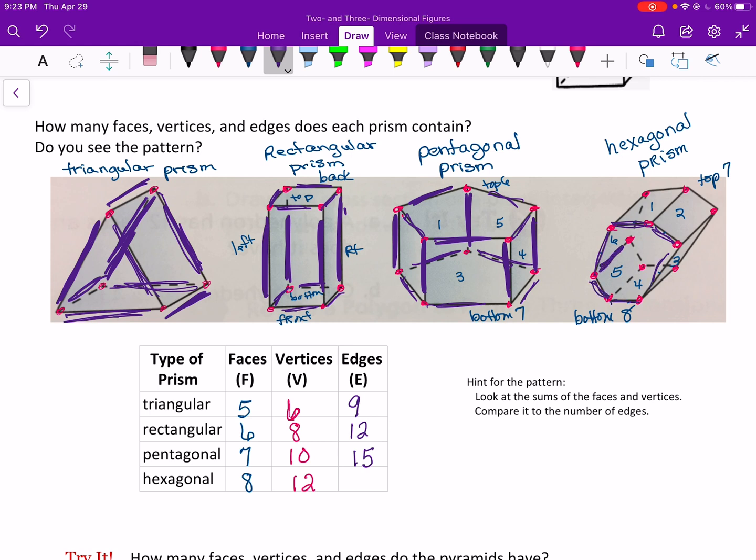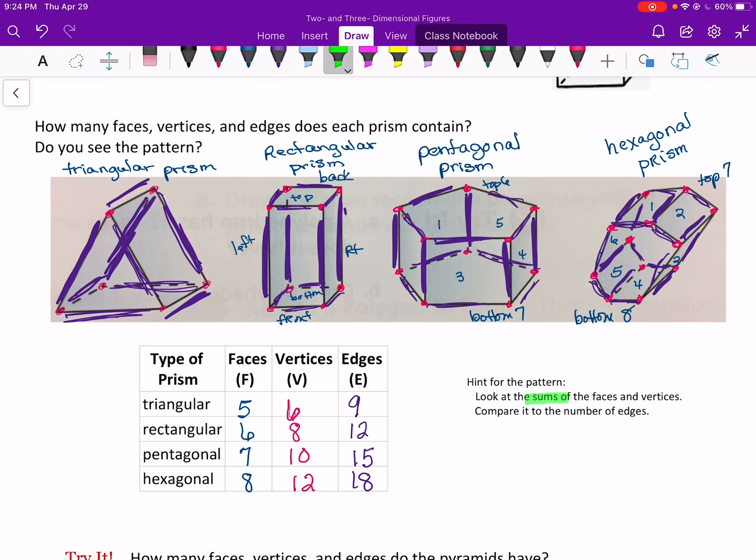We go around the outside. 7, 8, 9, 10, 11, 12. And then the other end. Where am I at? 13. Oh, we have some that are hiding. 14, 15, 16, 17, 18. It also makes it a little more difficult to miss an edge if you're coloring on them at the same time.